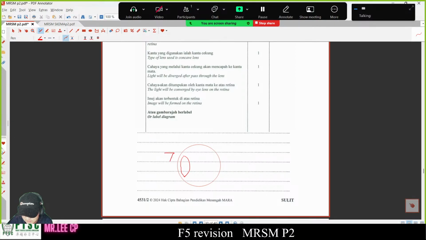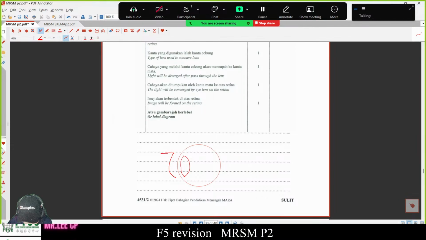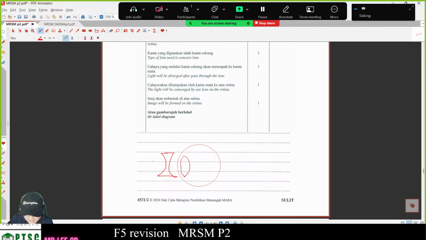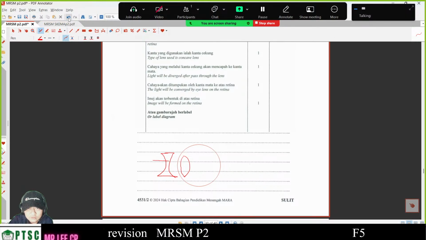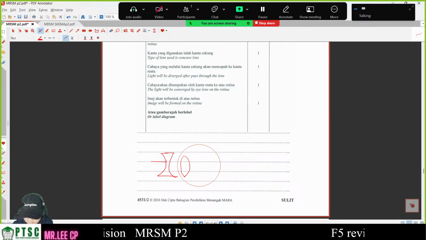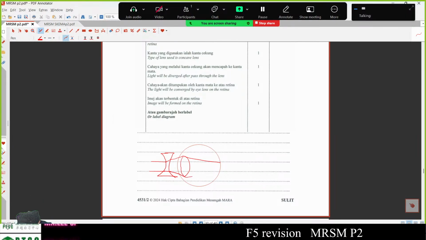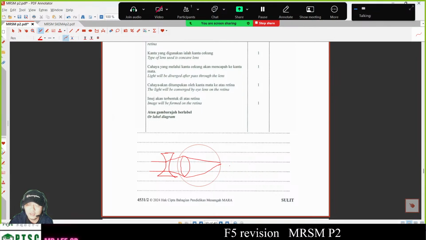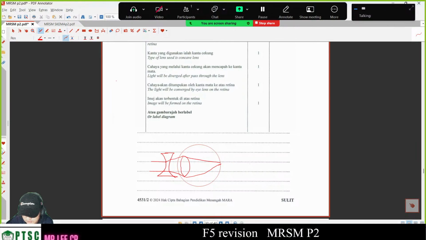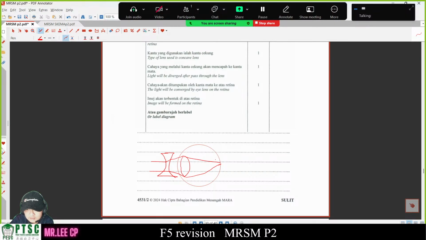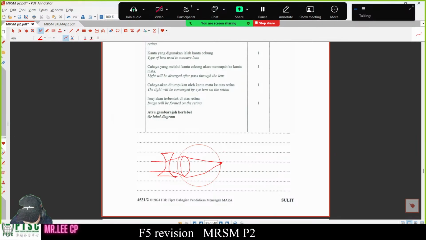So here, this is a concave lens. I'm not drawing well, but anyhow, I hope you can understand it. Here it is the retina. You label it retina.